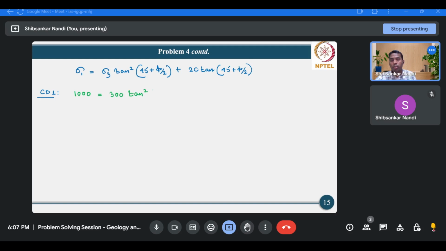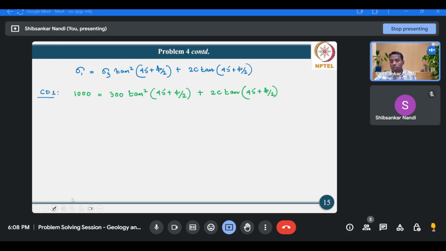We are just substituting the values pertaining to the CD1 test, consolidated drained test 1. And our main target is to determine the value of c.